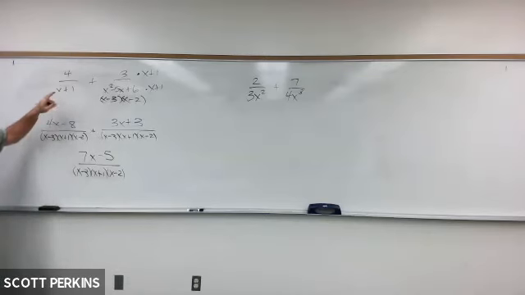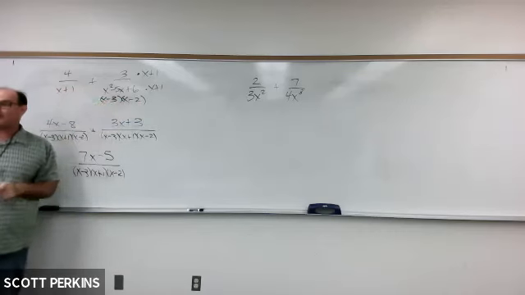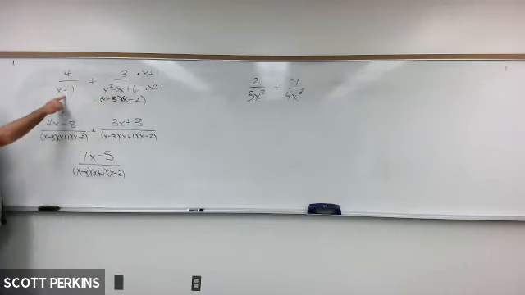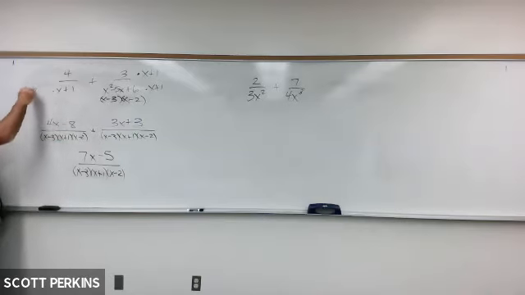So my common denominator would still be x plus 1, x minus 3, and x minus 2. I'd still need all three factors. But now this one is missing two things instead of just one. So I would have to multiply this one by the x minus 3 and the x minus 2.